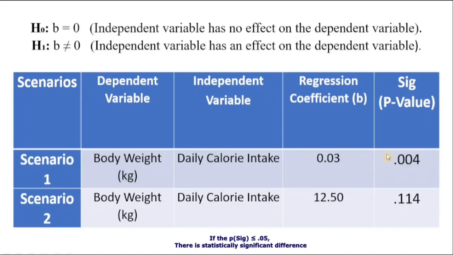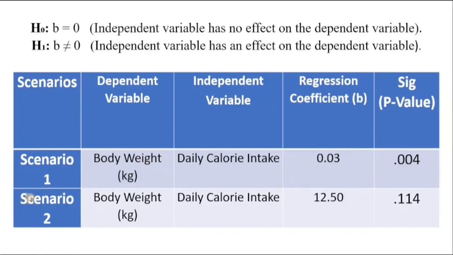As a result, the p-value of 0.004 indicates that the result is statistically significant. Therefore, we will reject the null hypothesis and conclude that calorie intake significantly affects body weight. This suggests a clear predictive relationship where diet management could influence weight control strategies.